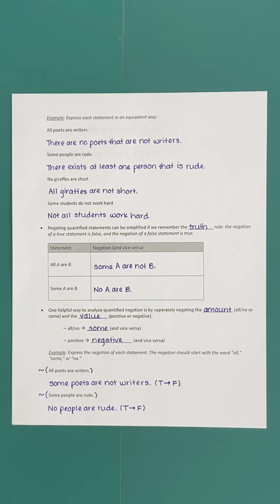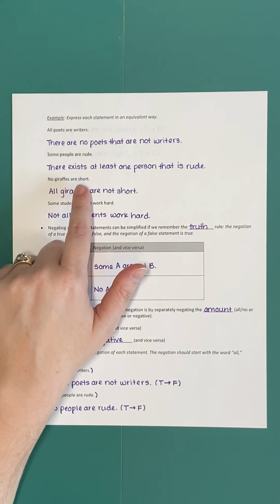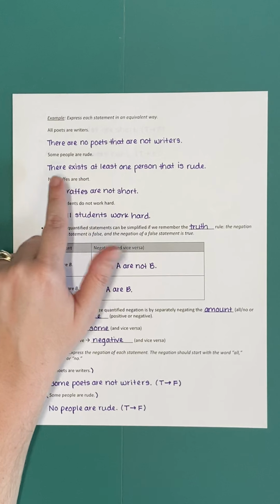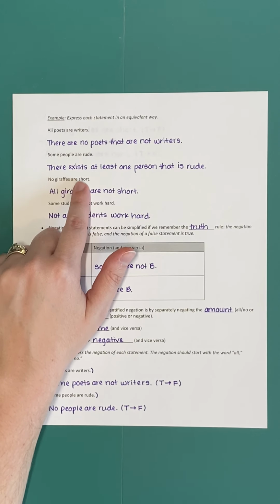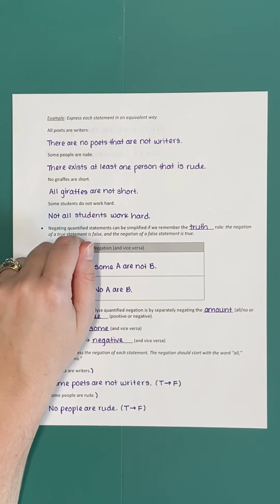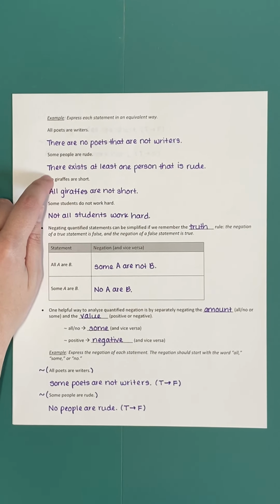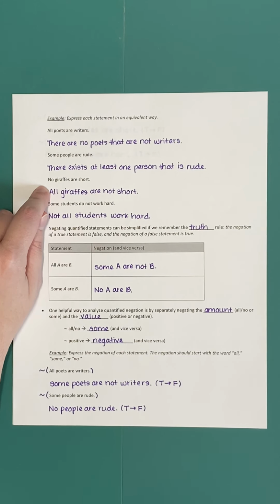What we're not changing are the words that express the content of the statement. So the one I want to look at here is the word short. When we want to say that something is not short, so no giraffes are short, well, we think of giraffes as being tall, right? So you might think that when we want to express the same statement in a different way, maybe another way of saying that is all giraffes are tall.